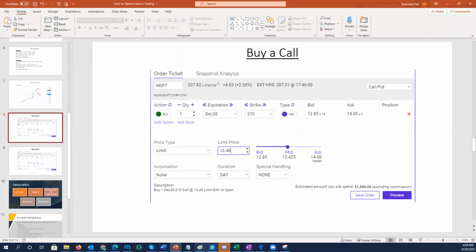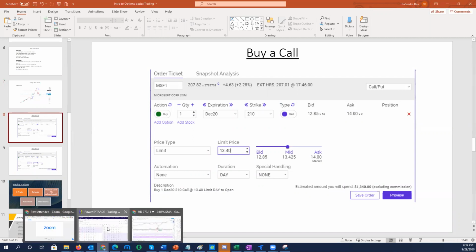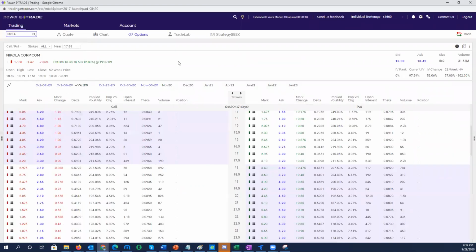Now let me show you how you can buy an option. So it's very easy. If you go to the eTrade platform and you say, I want to buy this, not Nicola, I'm going to Apple.